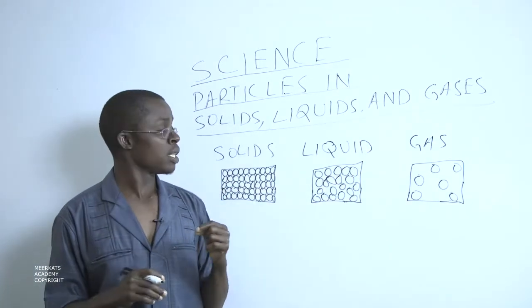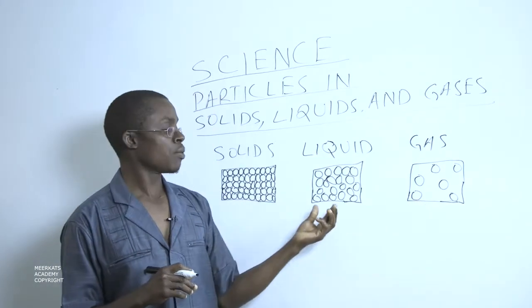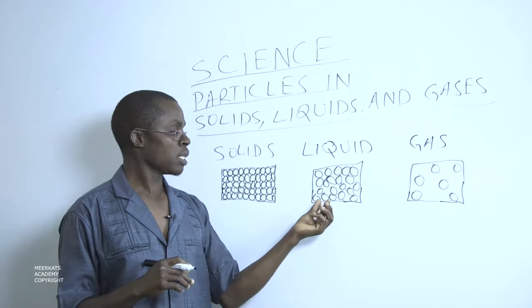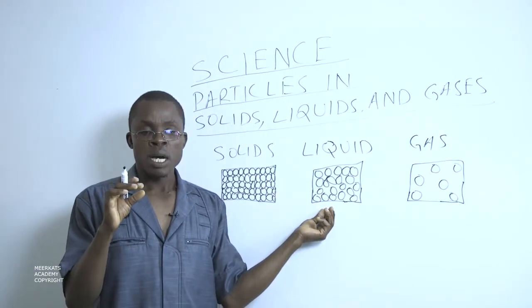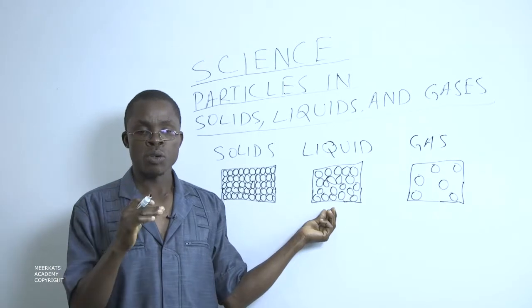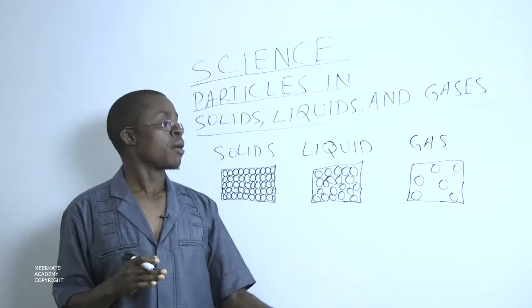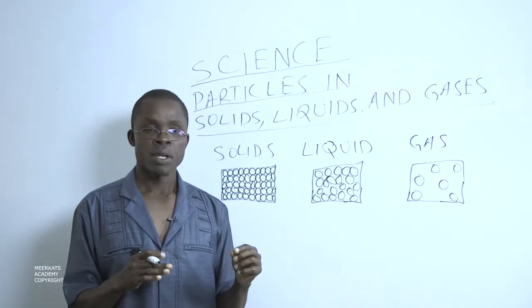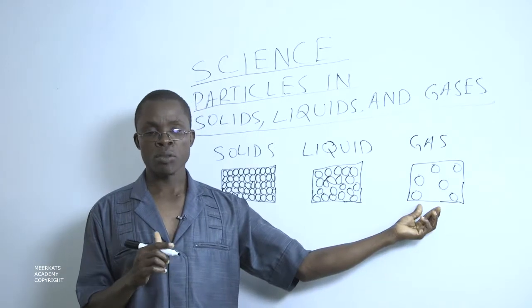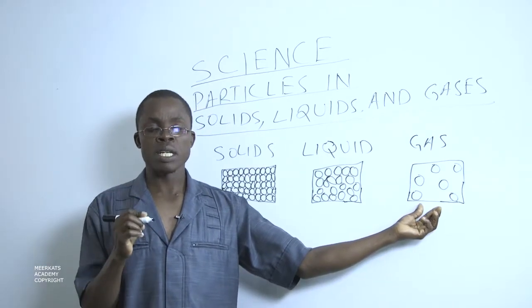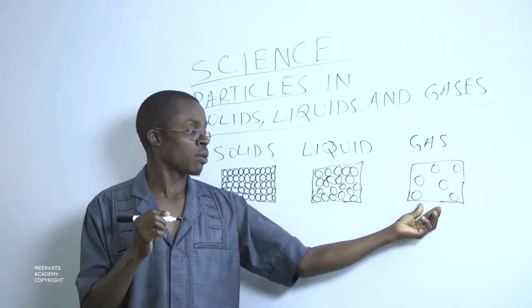This explains the difference between a gas and a liquid. As much as in the liquid, we said that the particles are free to move. They can roll over each other. But in gases, they are loosely held because of the very little energy, very little force that is in between the particles.